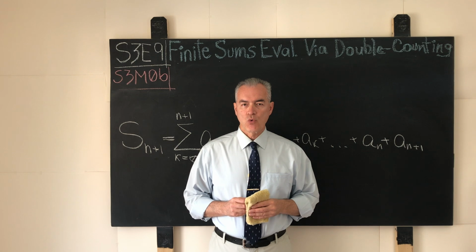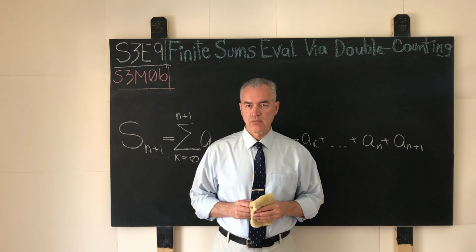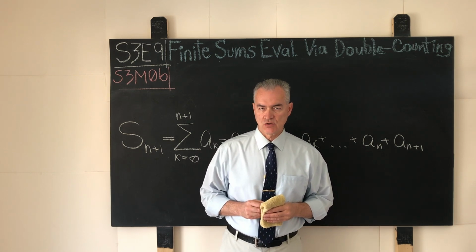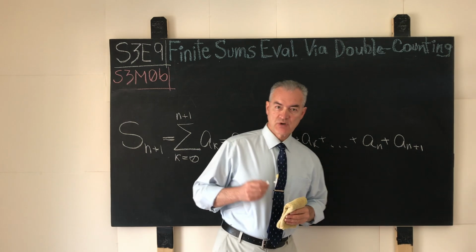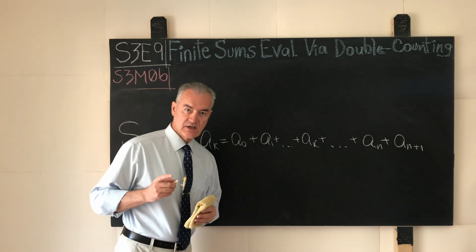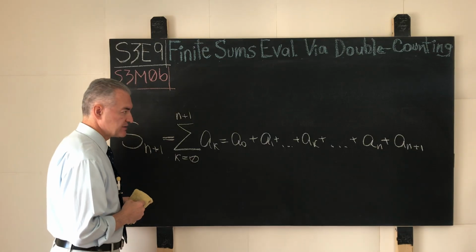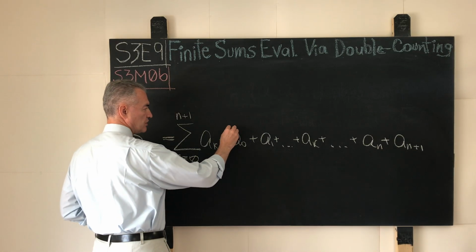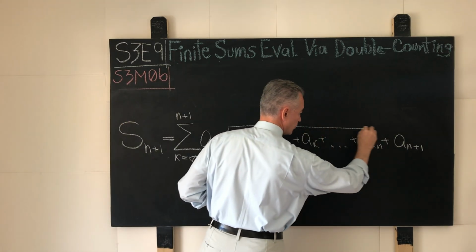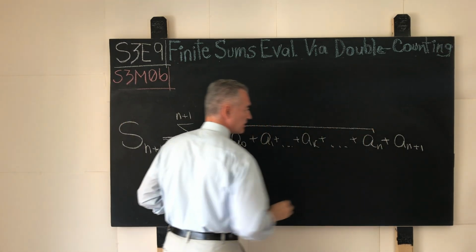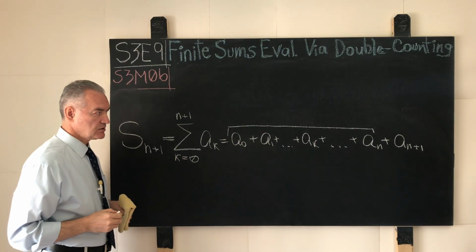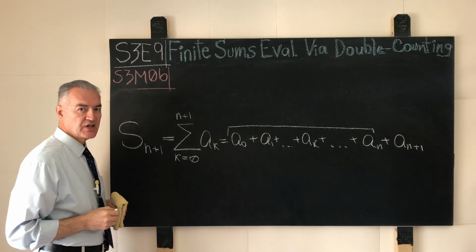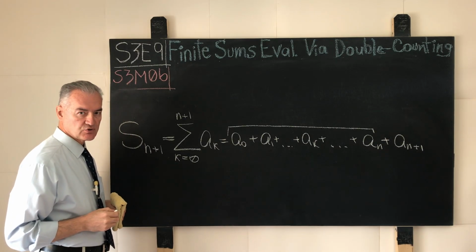For story number 1 in our double counting based evaluation of finite sums, represent the iterated sum as the sum of the first n terms, shown over here, plus the last one. And what is the sum of the first n terms in our sum is called?